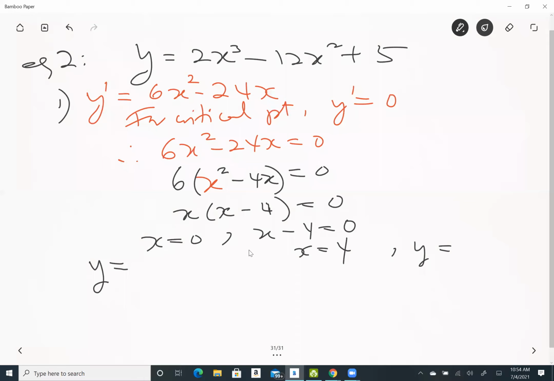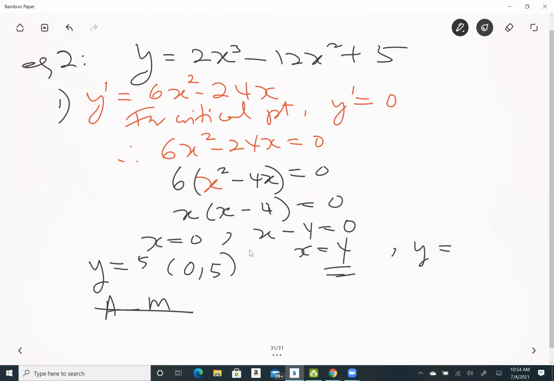I didn't find the y yet. So now, can you use your calculator, find y? Find the value for x equal to 4. For 0 it is very easy, because that will be equal to 5. So the first critical point will be 0, 5. I can do it. For the second one you need a calculator because of 4.